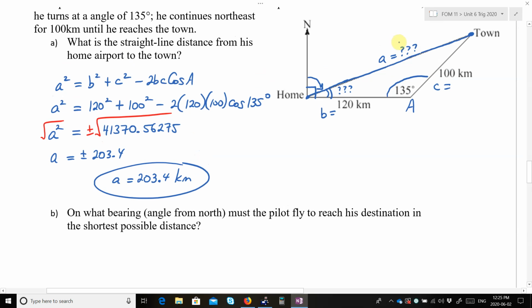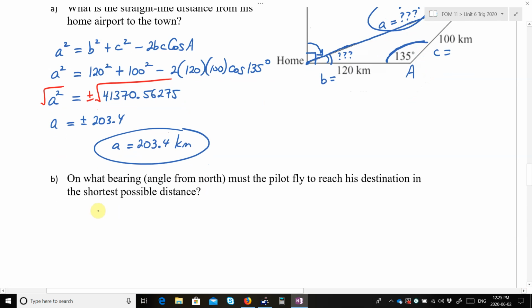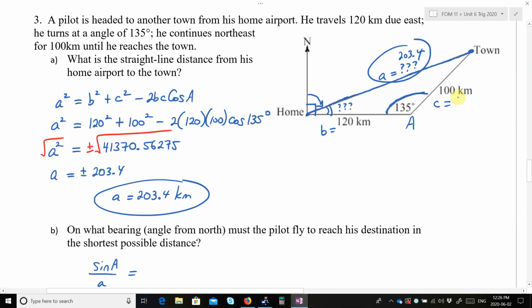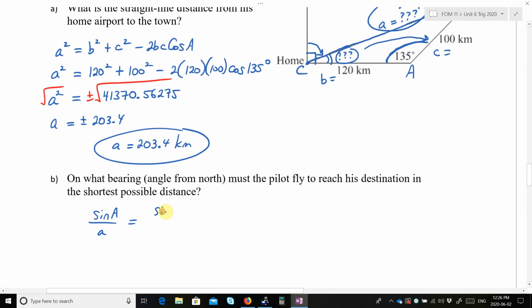And since we know A now, that this is 203.4, we have an angle-side relationship, so we can use the sine law. We could go sine of angle A divided by little a is equal to, I want to find this angle right here, which is across from little c, so it's going to be capital C. So that will be sine C divided by c.